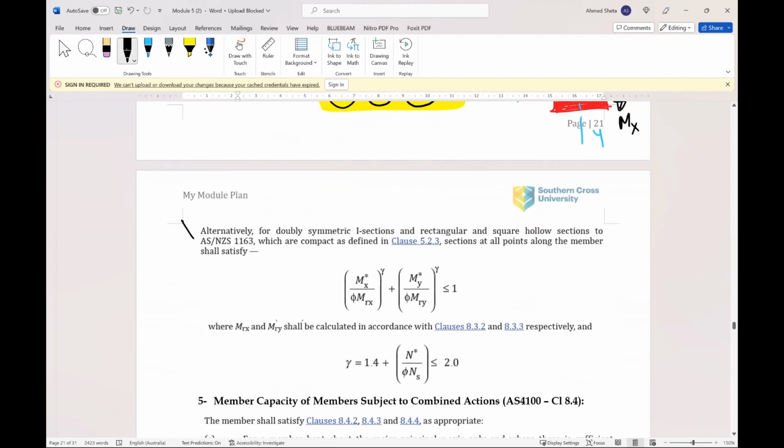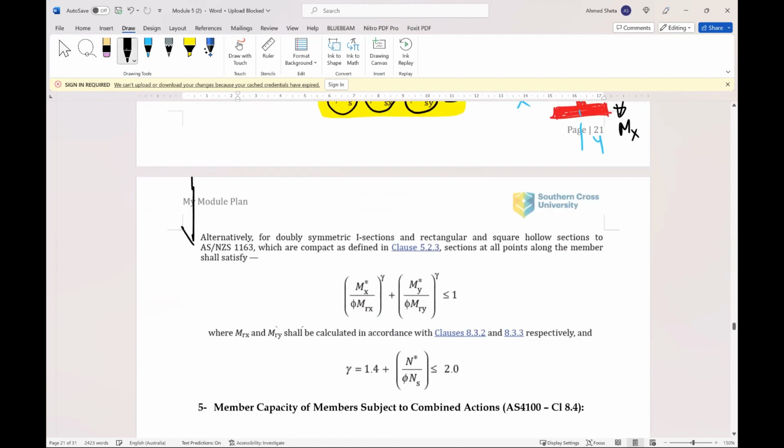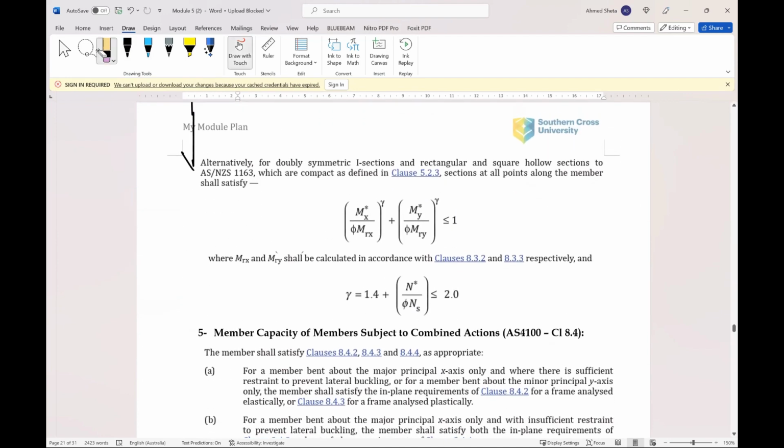There is also some other option for some special cases, for doubly symmetric I sections and rectangular hollow sections which are compact.